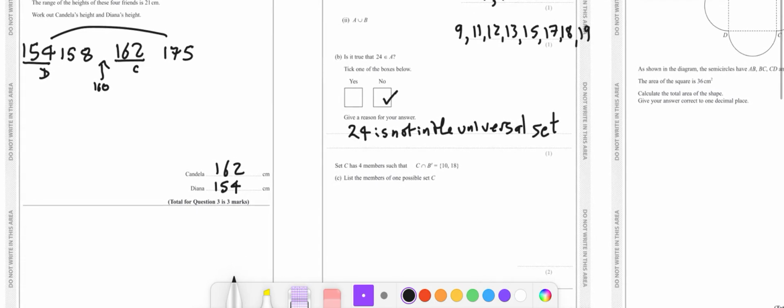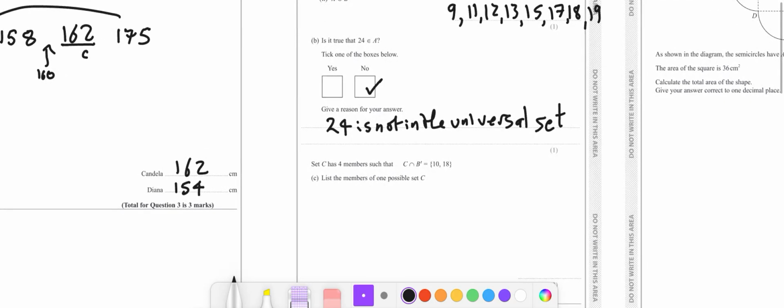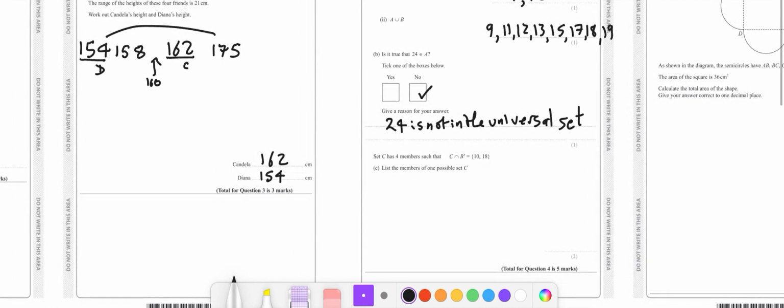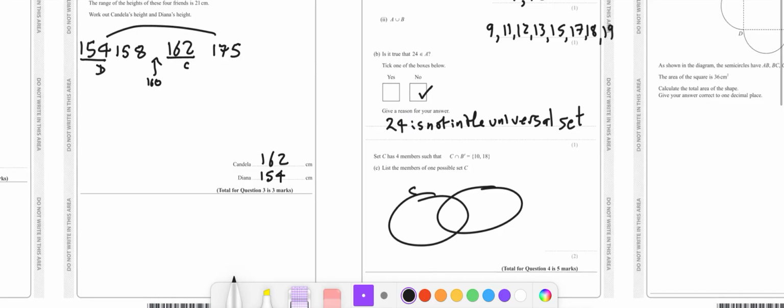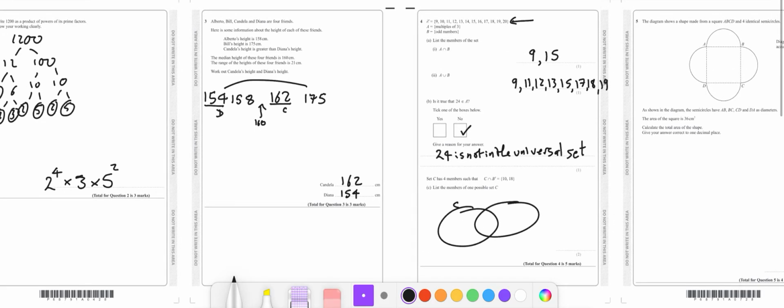Set C has 4 members such that C intersection B dashed is 10, 18. So this is C. This is B dashed.